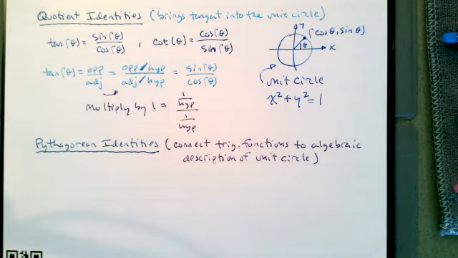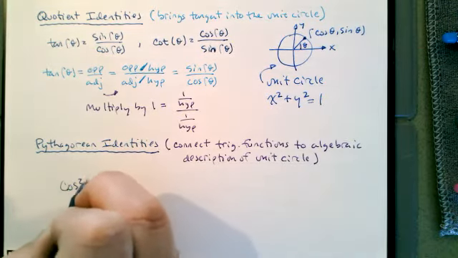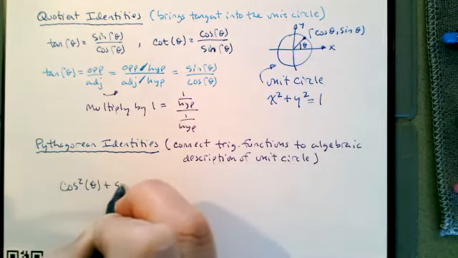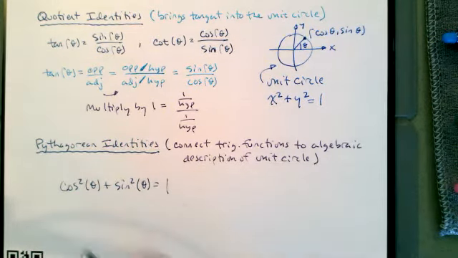So the Pythagorean identities come from taking x equals cosine theta and y equals sine theta and putting them into the prime Pythagorean identity, which is cosine squared theta plus sine squared theta is equal to 1.